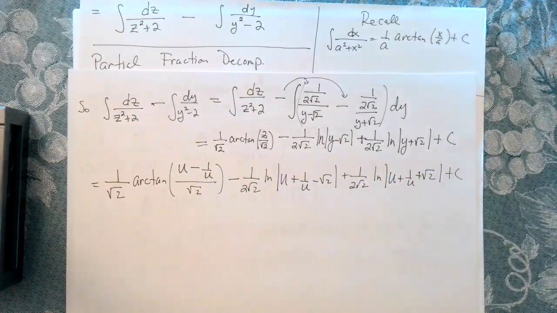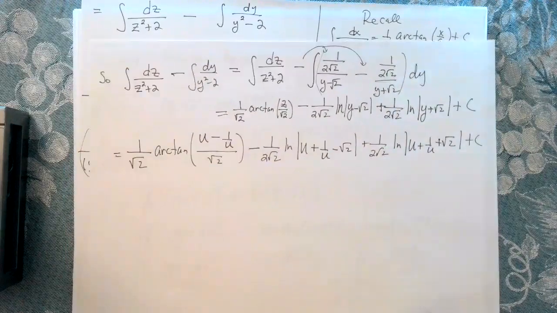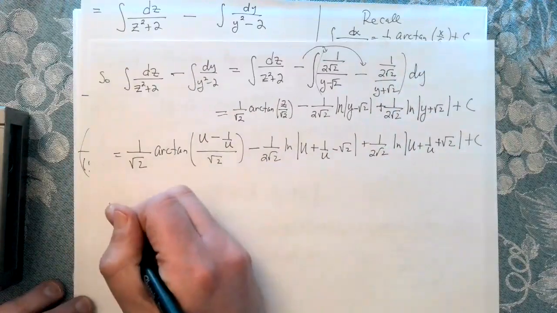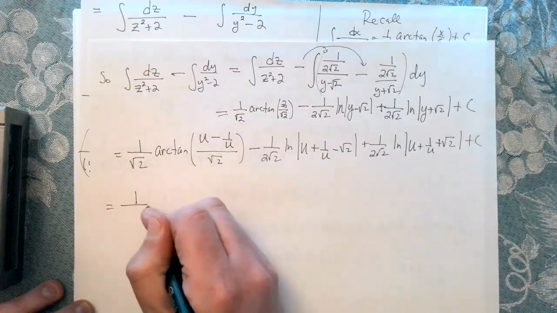And now we have to remember what u was. So we've got to go way, way back, right? So what was u equal to? Well, I think we said that u was equal to the square root of x. So in the very, very beginning, we said u was equal to the square root of x.